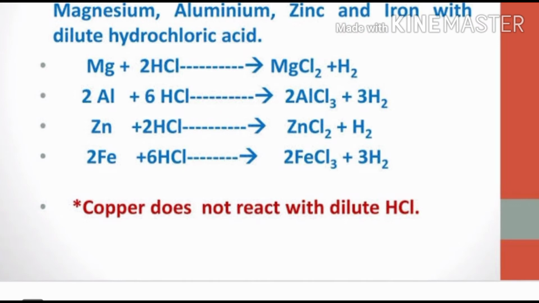Copper, as we have already seen in the reactivity series, is the least reactive metal. So here copper is not reacting with dilute HCl. We will notice that when the metals are reacting with hydrochloric acid, the container becomes warm, indicating that the reaction between metals and acid is an exothermic reaction.